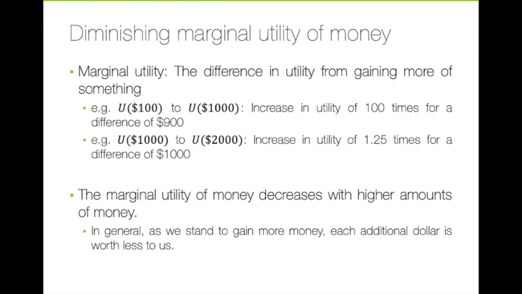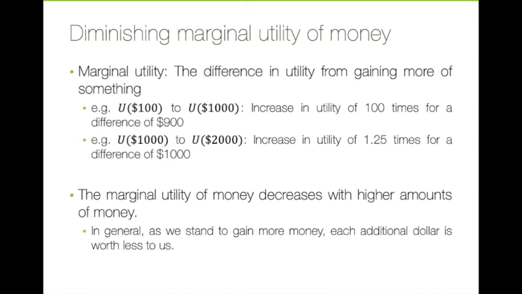Marginal utility is the change in utility when you gain more of something. Again, the difference between the utility of $100 and the utility of $1,000 was an increase of 100 times for a difference of $900. And the change in utility from $1,000 to $2,000 was an increase of just 1.25 times for a difference of $1,000.